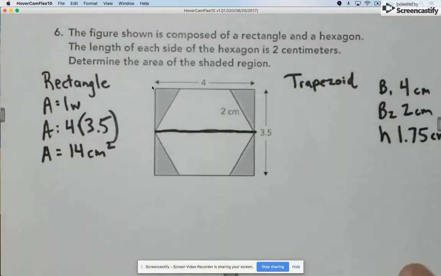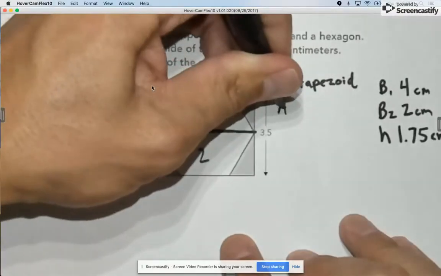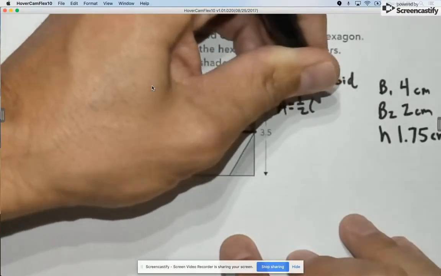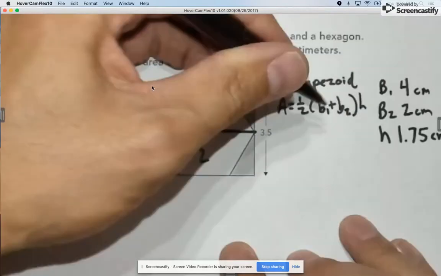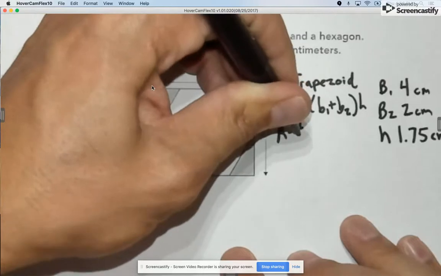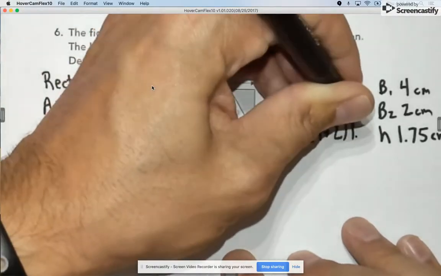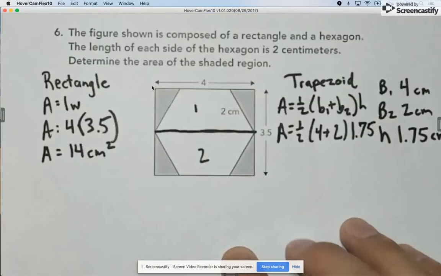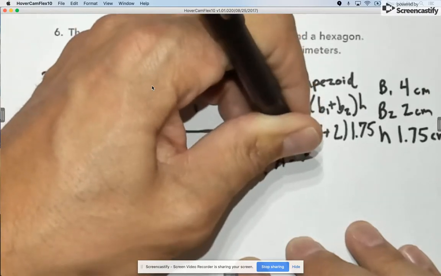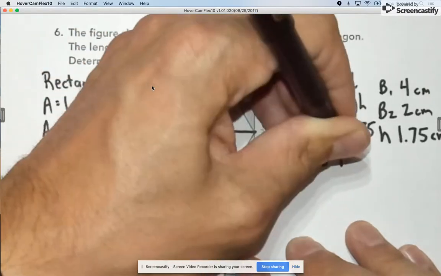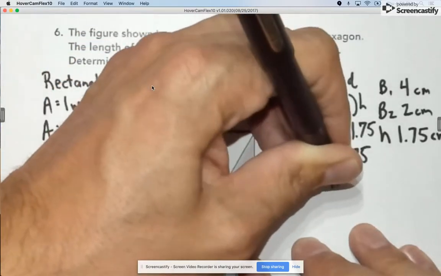Okay, so 1 trapezoid, 2 trapezoids. All right, area of a trapezoid, 1/2 base 1 plus base 2 times the height, or 1/2 of 4 plus 2 times the height. And then if I figure this out, let's see here, half times 6 times 1.75, or 3 times 1.75.